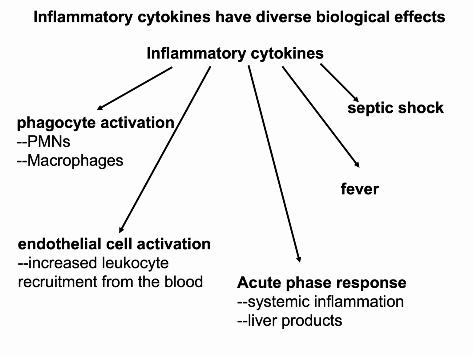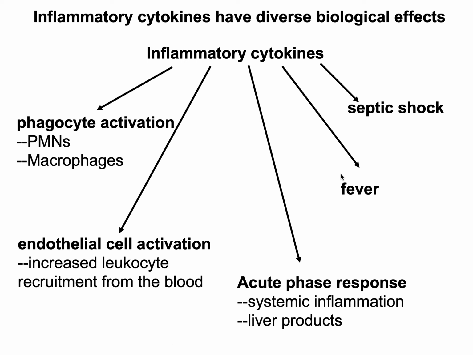Inflammatory cytokines can have diverse biological effects. One of the things that they can do is enhance the activation of phagocytes within the localized area that they are secreted. So inflammatory cytokines can act on cytokine receptors expressed by neutrophils or macrophages and enhance the activation of those innate immune cells. And as we've mentioned, inflammatory cytokines can induce the activation of endothelial cells, which leads to increased leukocyte recruitment from the blood.